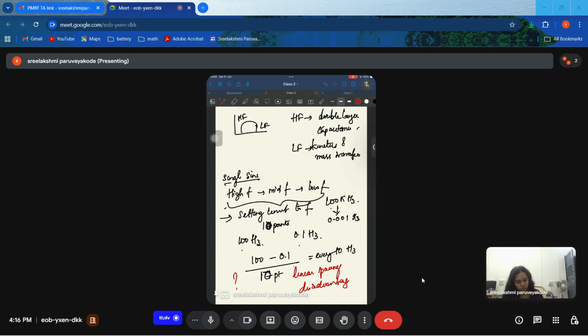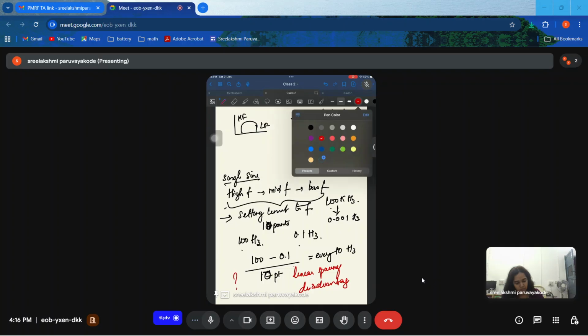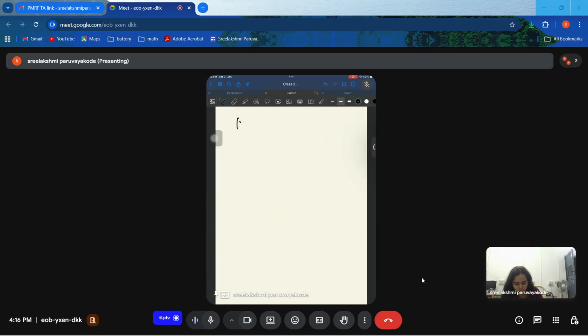Then what can I do? If I'm going from 100 kilohertz to 0.001 hertz, I can say within each decade, that is, 10 to the power of what?